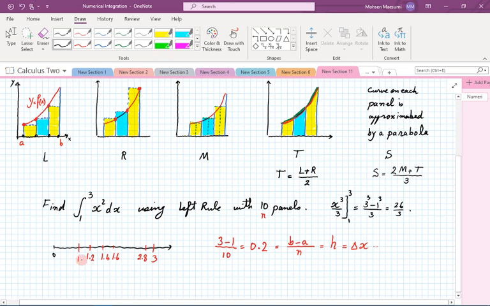Okay, so I can think about this as my starting point. This is my point a. The next one would be thought about as a plus h. The next one would be a plus 2h. Is that right? So h is sometimes called a run, or step size.